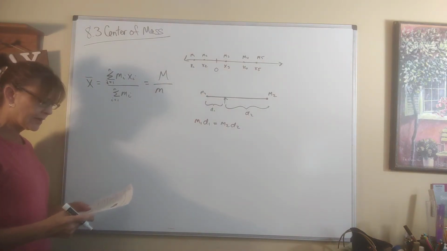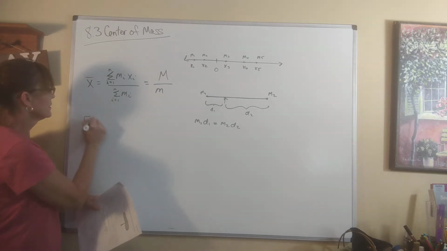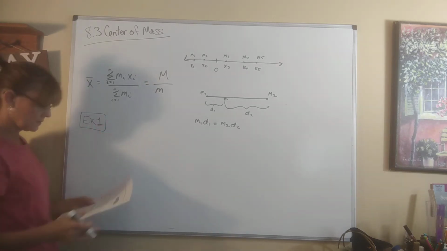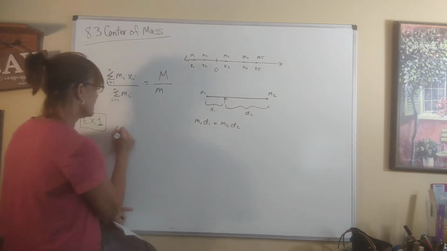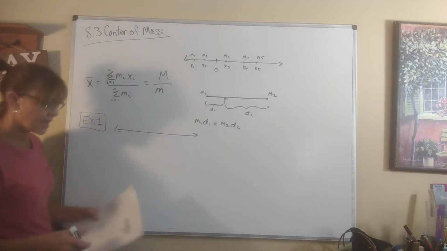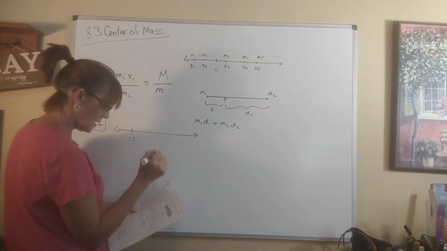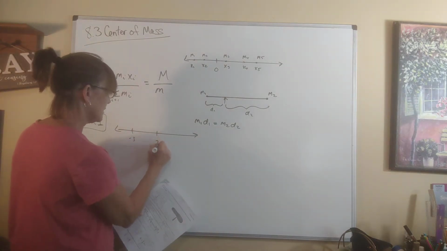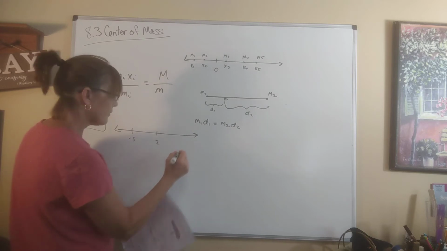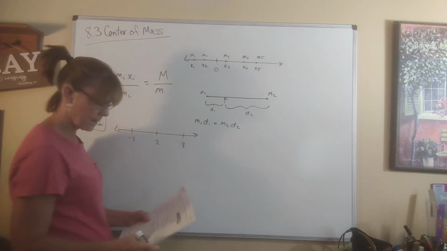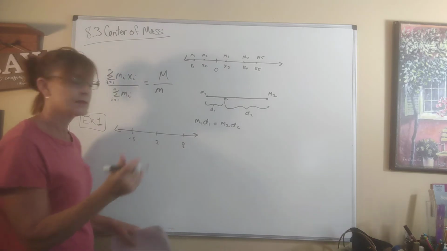Okay, so let's see an example. Let's go ahead and do example 1. Here is part of an x-axis, and what we have here are these points: -3, +2, and 8. We have 3 masses in here.